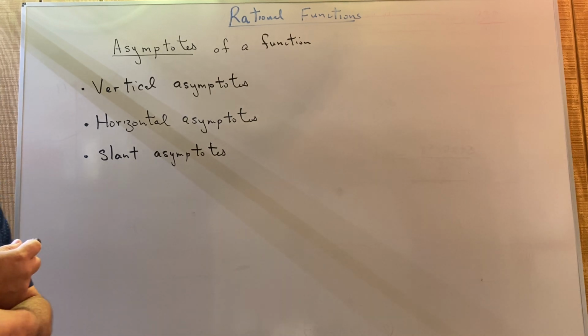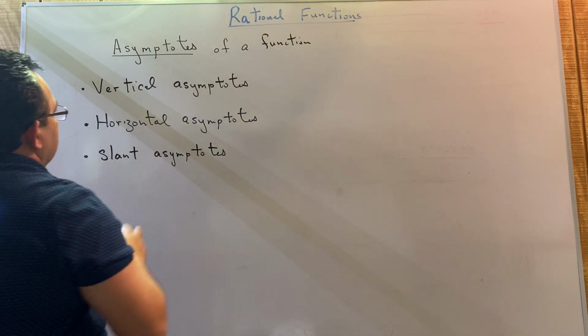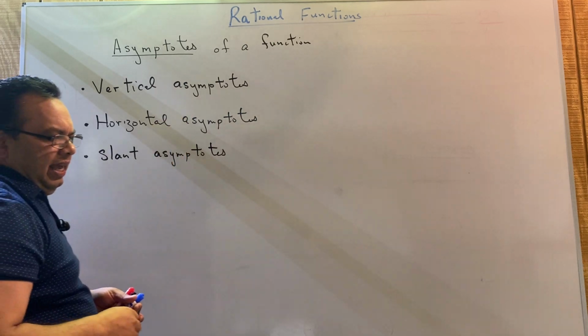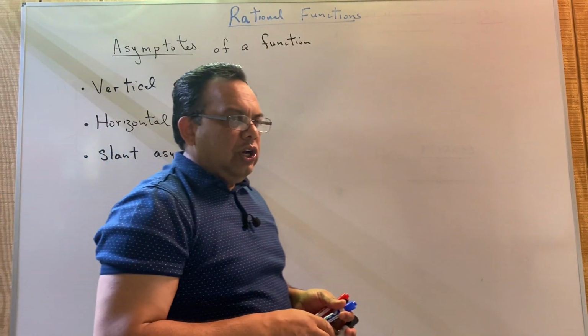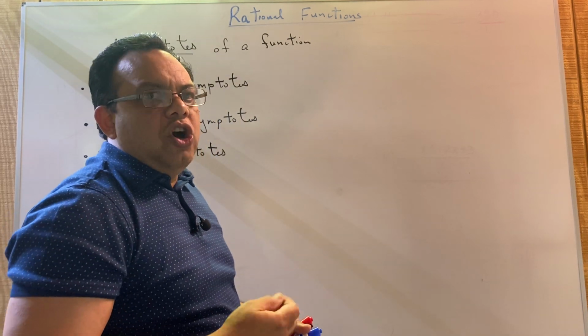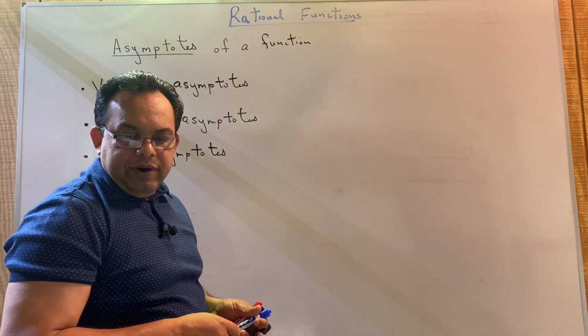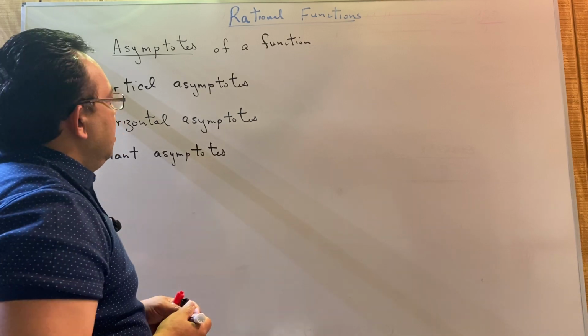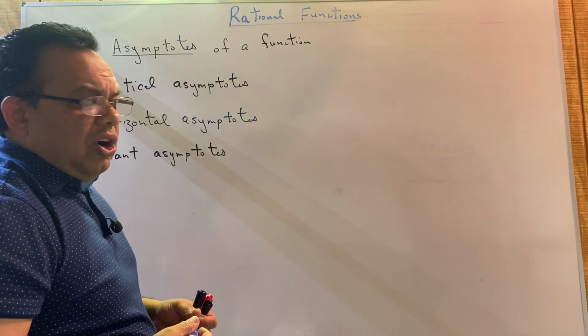Now, an asymptote is a line. Generally, when we put it in a graph, we put it as a broken or a dotted line. Most times we see it in textbooks as a dotted line.